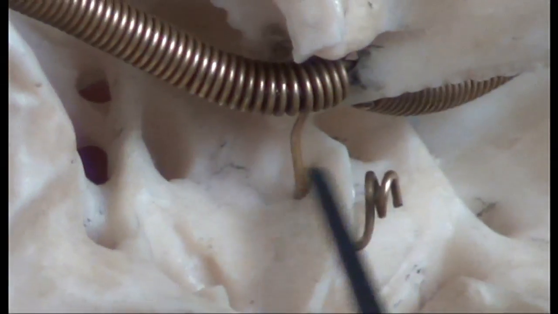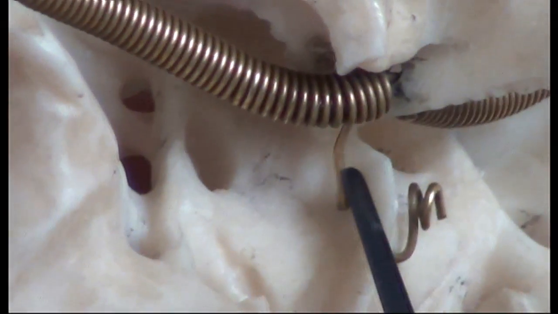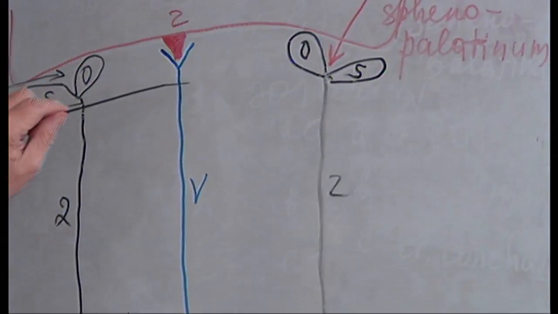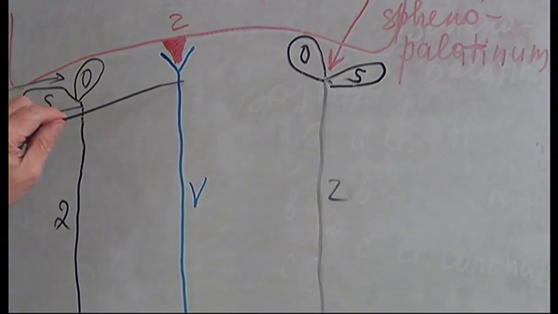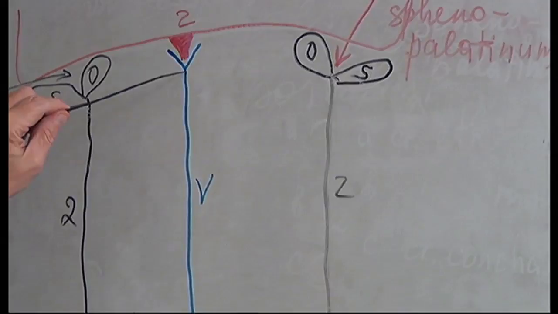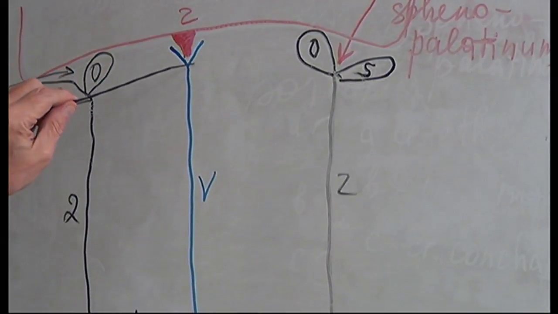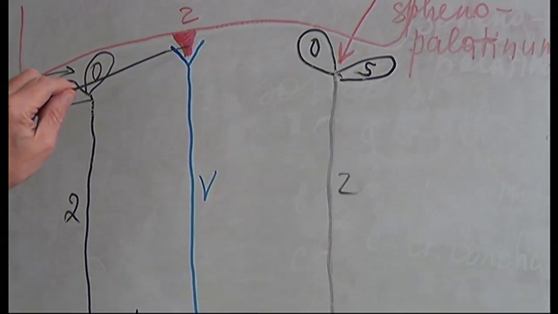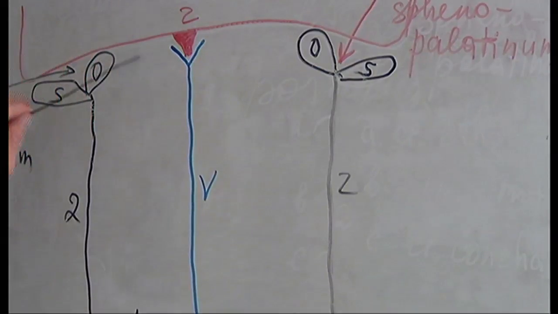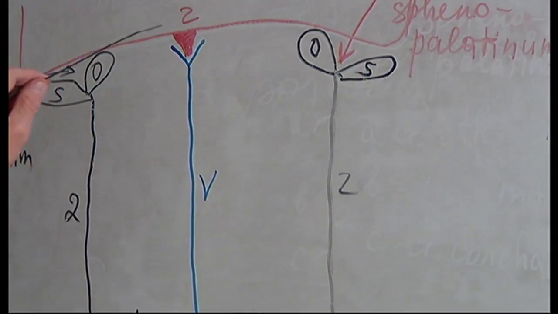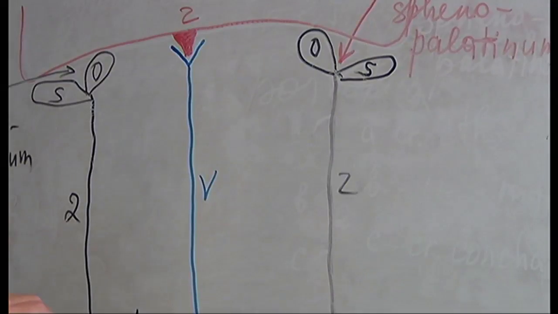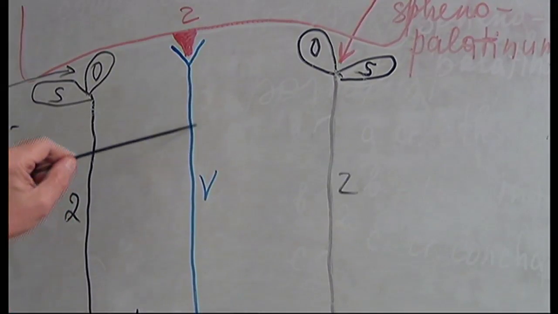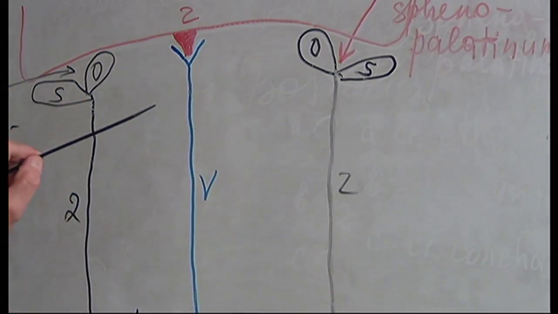In our picture, we can demonstrate that vomer is connected with the rostrum, and so they form the middle wall of the nasal cavity.